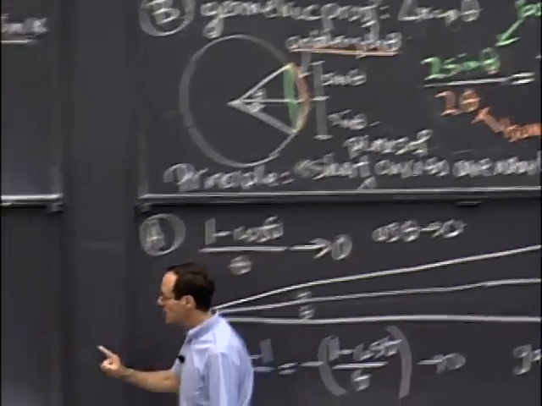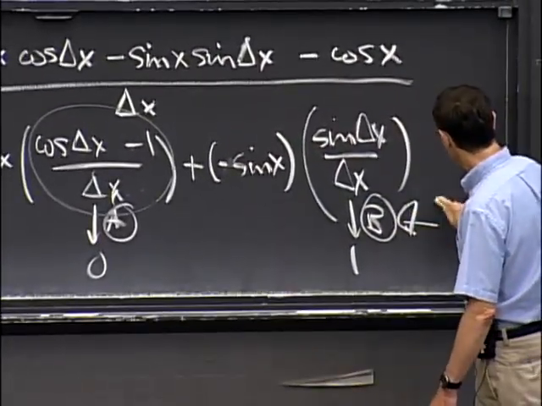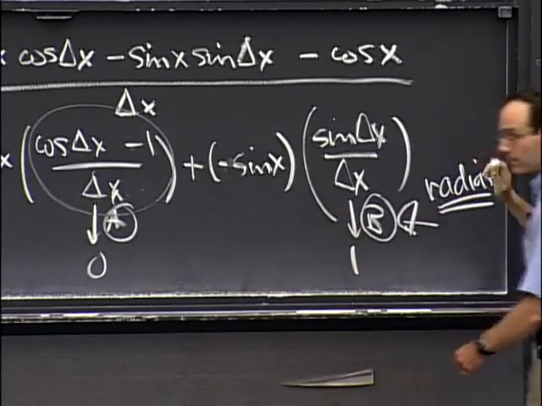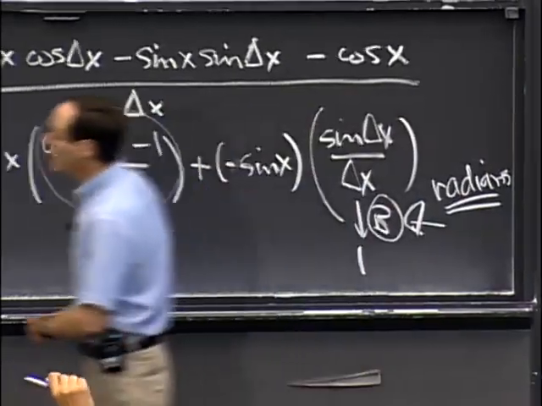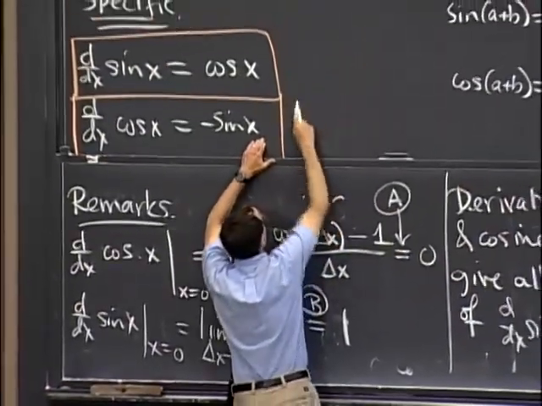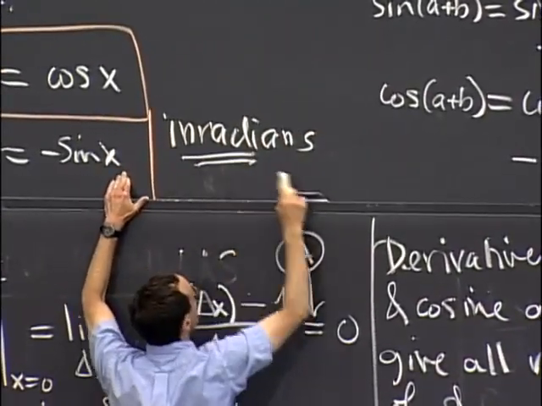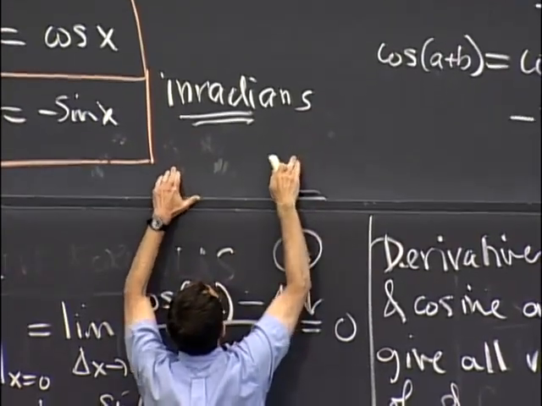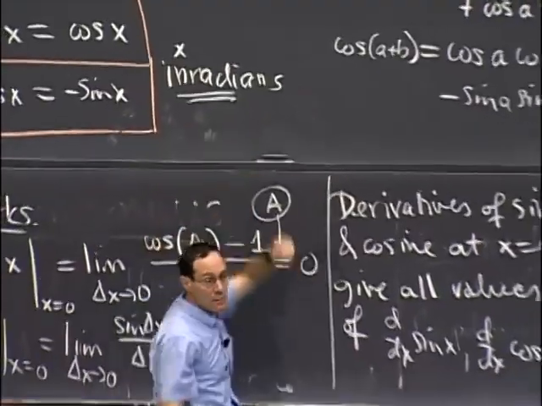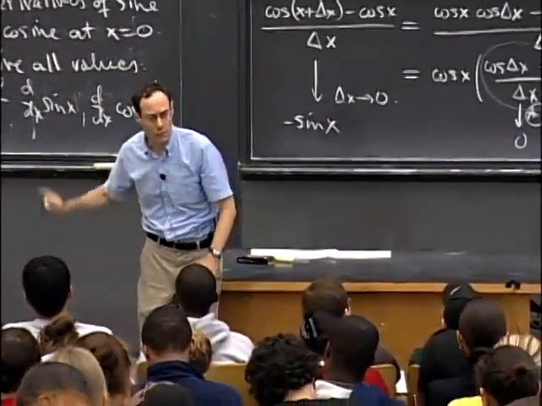And so this is only true here if we use radians. All right? So again, a little warning here that this is in radians. So now here x is in radians. And the formulas are just wrong if you use other units.